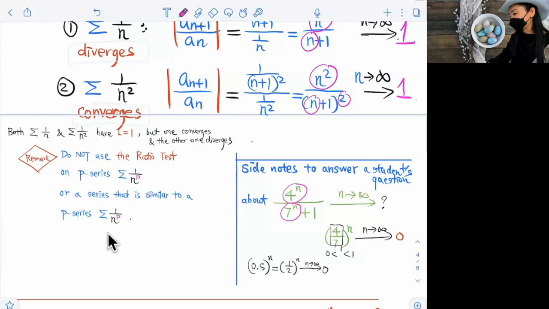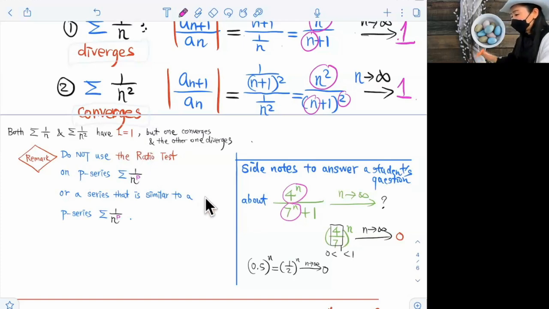So if you see a series that's similar to a p-series, don't use it, because you're going to get the limit equal to 1.